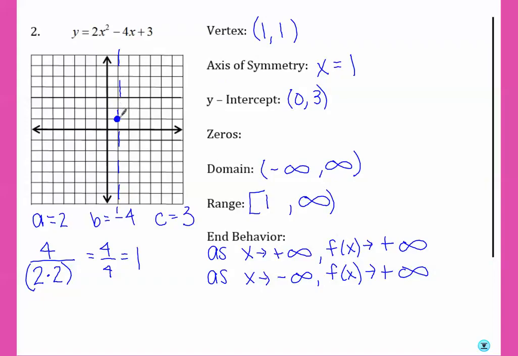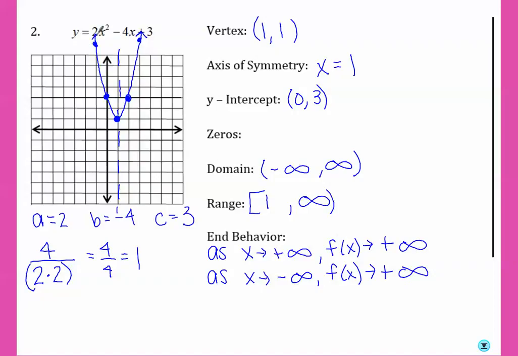So now let's continue, graph our pattern. Since a is 2, remember we need to double how much we go up at each point. So if we go over 1, 1 squared is 1, double that, go up 2. 2 squared is 4, double that, we want to go up 8. That'll go off a little bit, but I'm going to plot them on there. Reflect them over to the other side, and make our parabola.